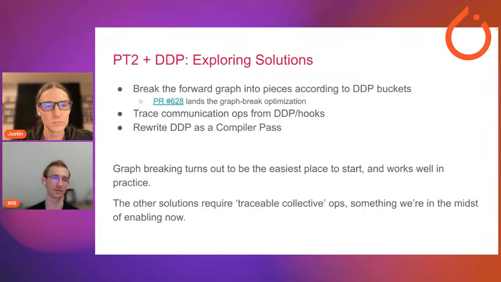So breaking the program down into relatively large chunks doesn't cost us much performance, or any performance, and it does allow this DDP overlap to come back into play. Meanwhile, we still want to support traceable collective ops, but that doesn't have to be a blocking pull. We can enable those over time.